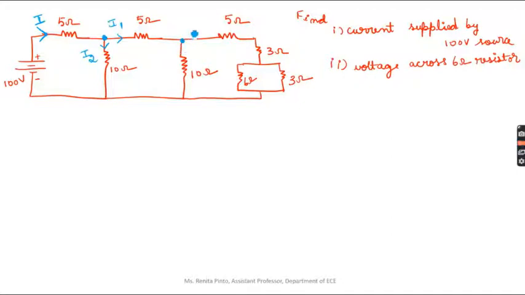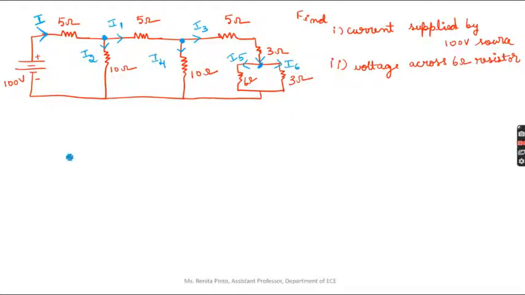So I1, now at this point again the current is going to divide, so I3 and I4. Now I3 flows like this, and at this point it will divide again. I've taken I1, I2, I3, I4, so this current I'll take as I5 and this as I6.